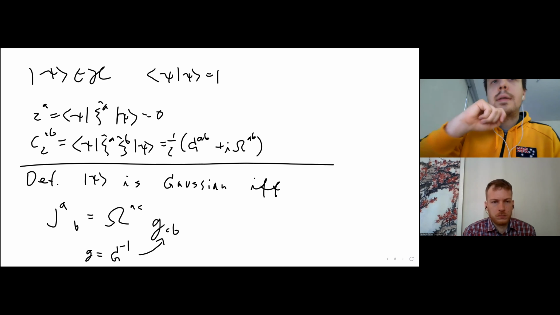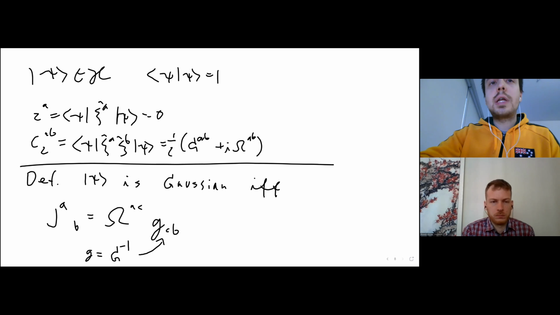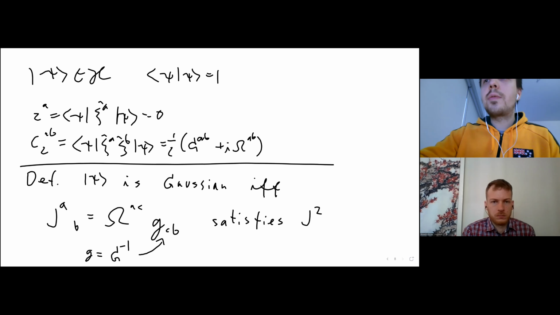And that gives us the definition that psi is Gaussian if and only if J defined in this way satisfies J squared being minus identity, which is the condition that at the very beginning I introduced that states that J is a so-called linear complex structure.